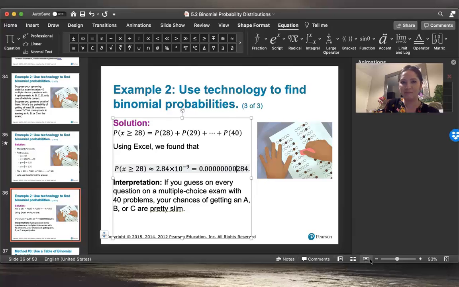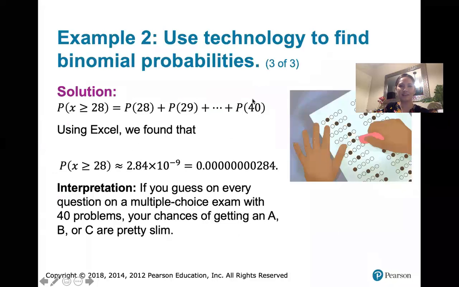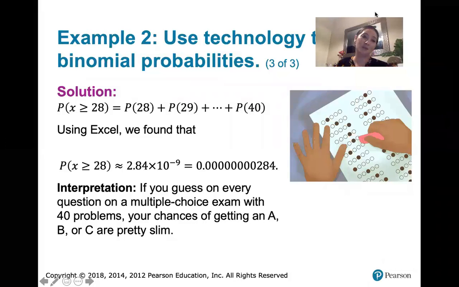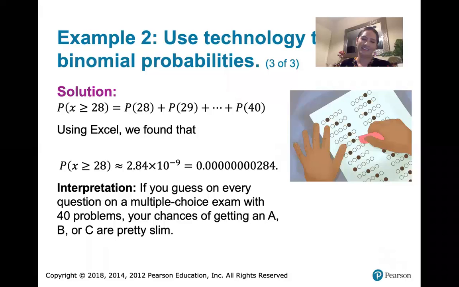Okay, that's better. That's the correct answer now. So the probability of getting 28 or more problems correct is 0.00000000284. So obviously, it's very unlikely that if you guessed on all 40 problems that you would get an A, B, or C. So you definitely don't want to do that.